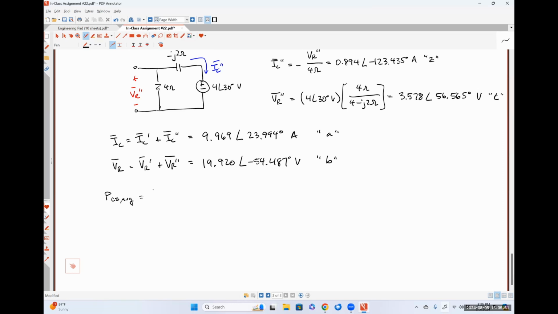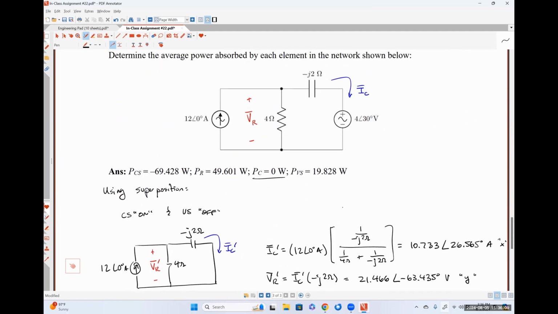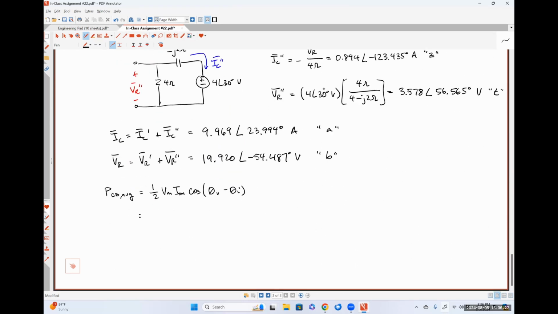Our relationship should just be 1/2 Vm Im cosine theta V minus theta I. Because our current is flowing into the negative polarity terminal of our voltage source, this current times this voltage is giving me supplied power. So I'm just going to choose to put a negative sign out front to take care of that.